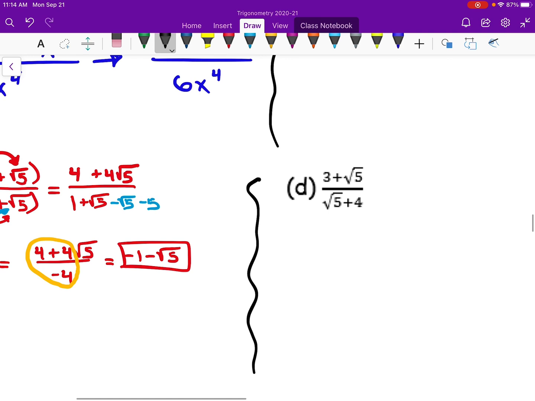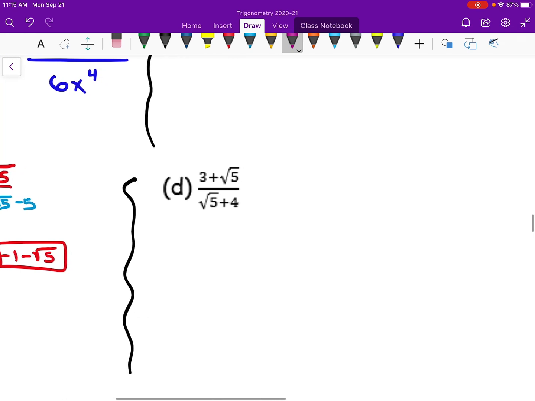Alright, and D, same thing, just there's a binomial on top and bottom. So the conjugate: square root of 5, 4, square root of 5, and 4. It's plus right there, so the conjugate of the plus means it's minus.